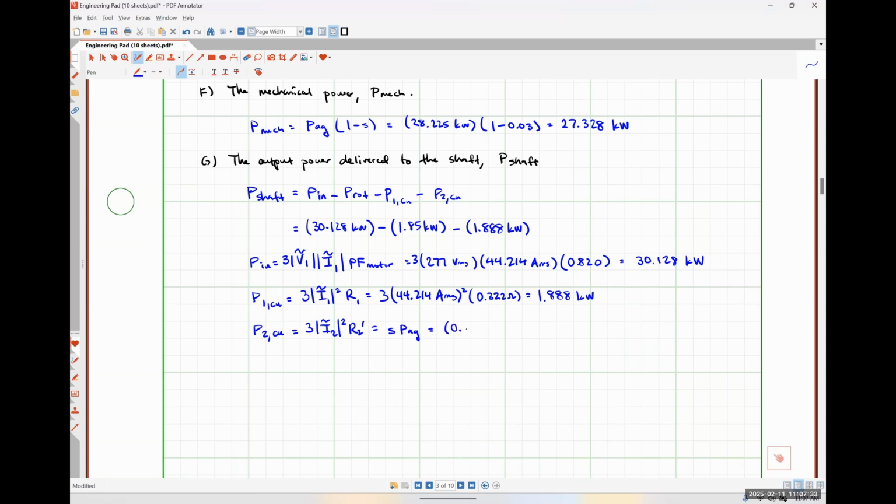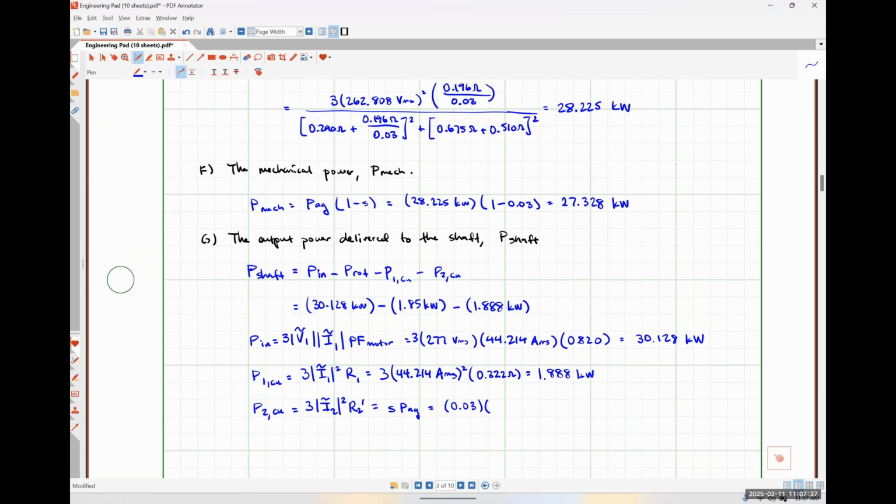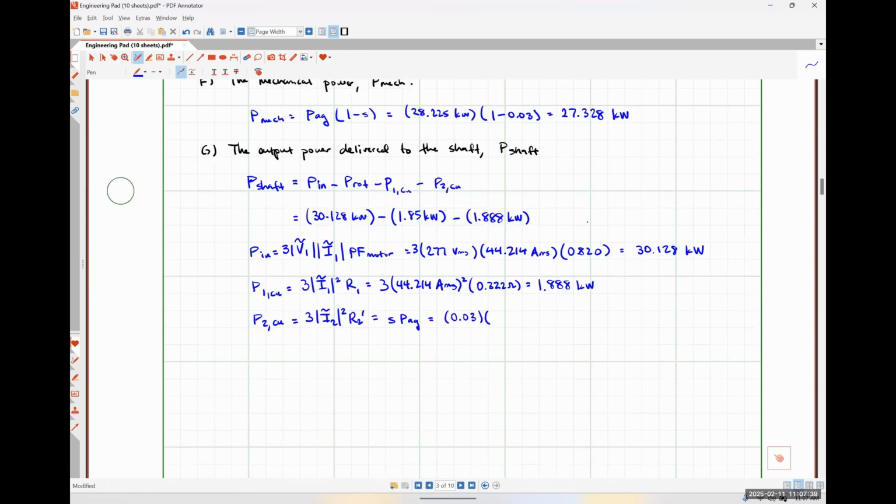So that would be 0.03 times our air gap power of 28.225 kilowatts. Which I get to be 0.847.